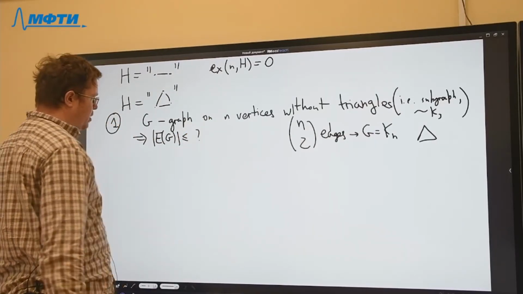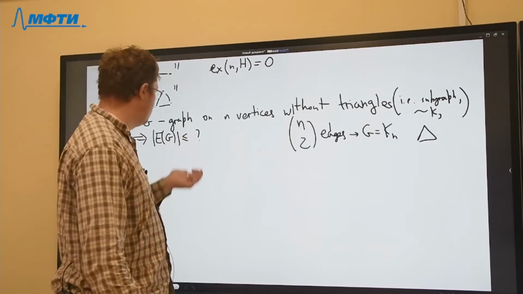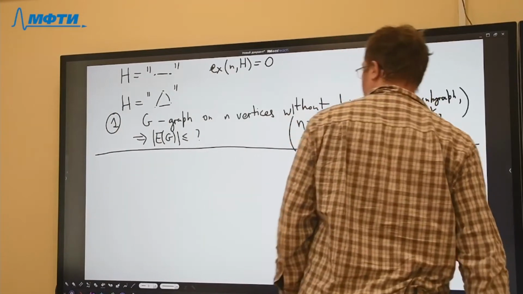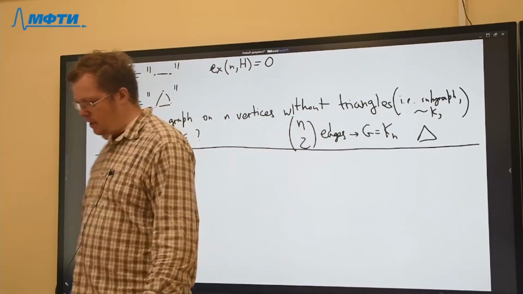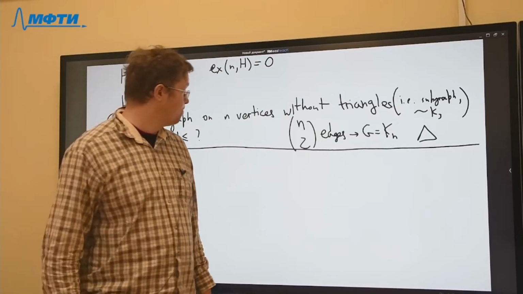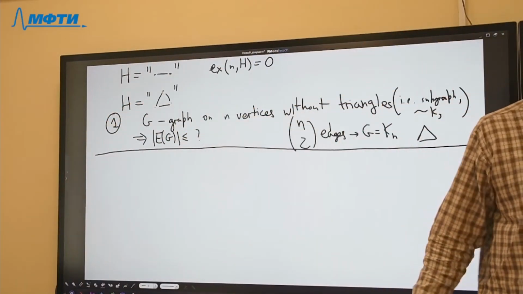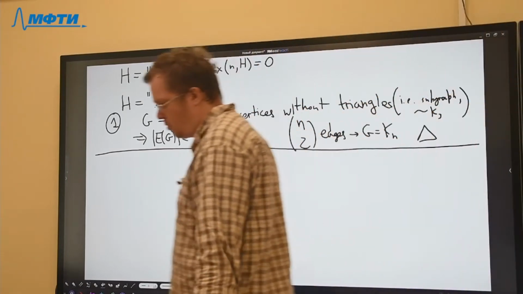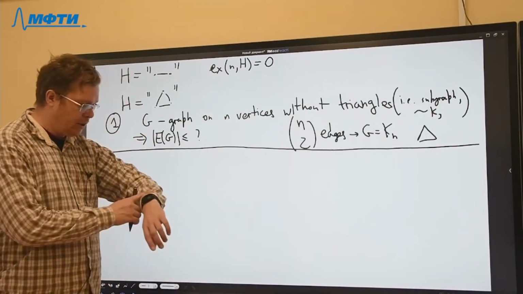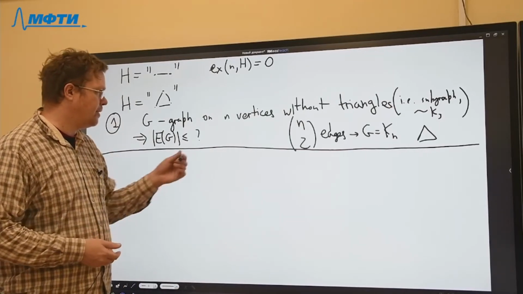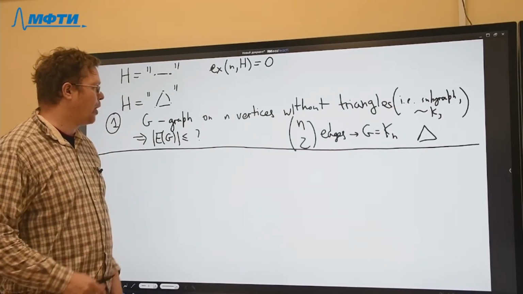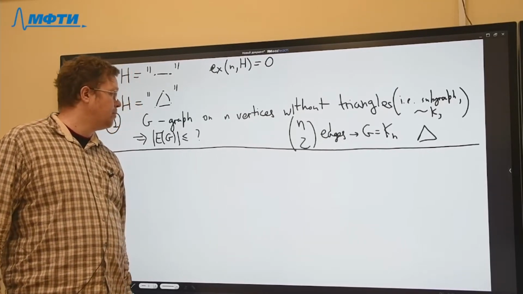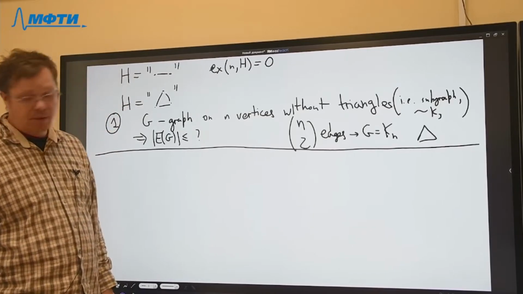So the question is, what is this number, and what is the picture of the maximal graph which doesn't contain any triangle at all? So this is the problem. You can just think of it and try to draw a picture, and I will give you like 3 or 4 minutes, and then we'll explain how we can prove that this is the upper bound.